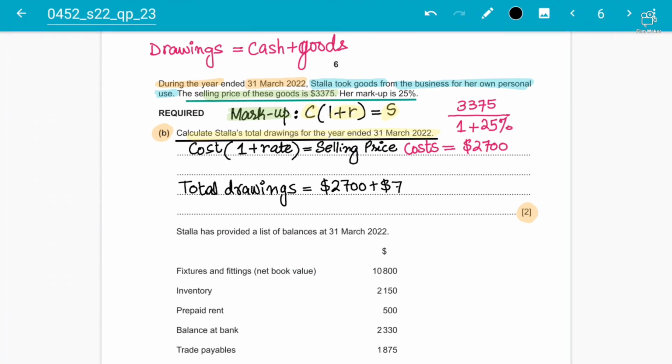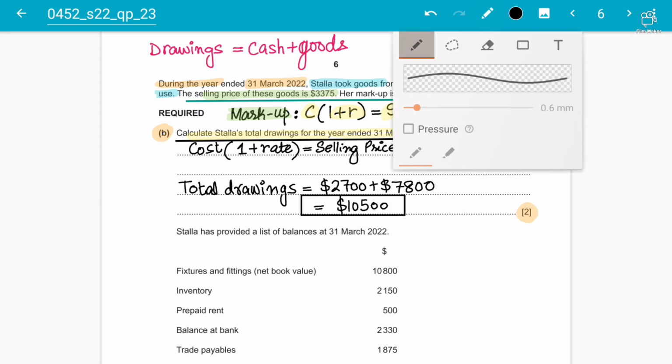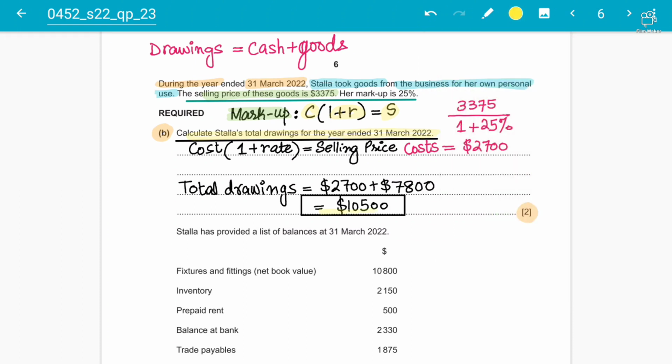Adding 2,700 plus 7,800, we get total drawings of 10,500 for part B. I hope everyone gets it, and this is how we are going to solve the whole question. So we got the answer here, 10,500.